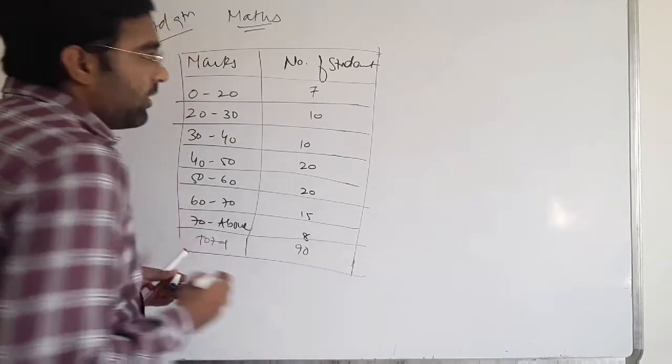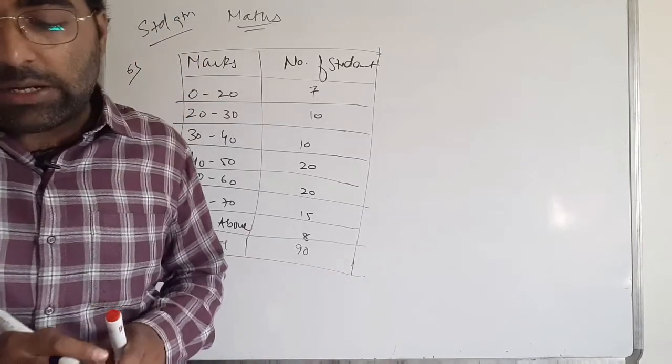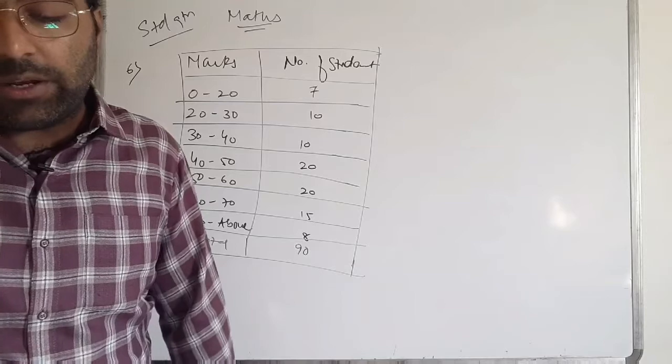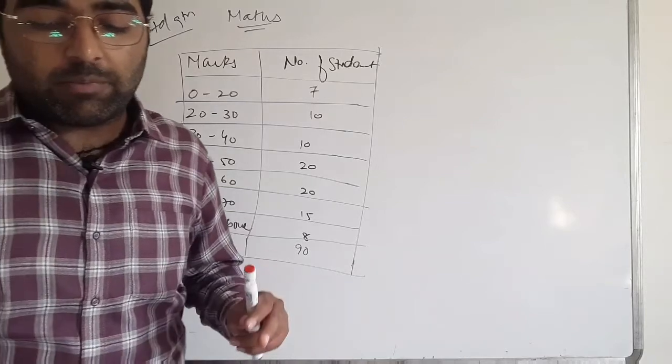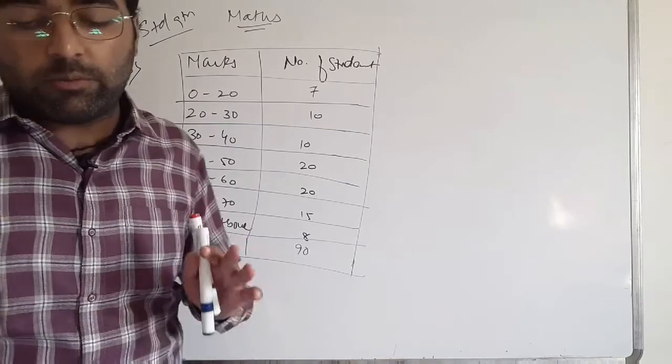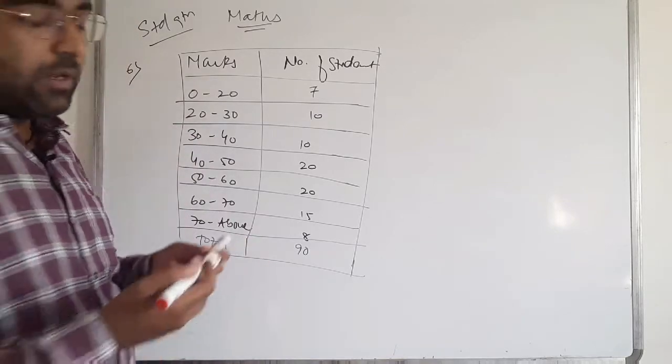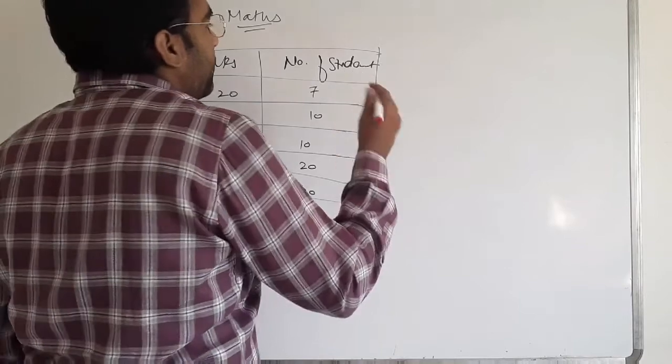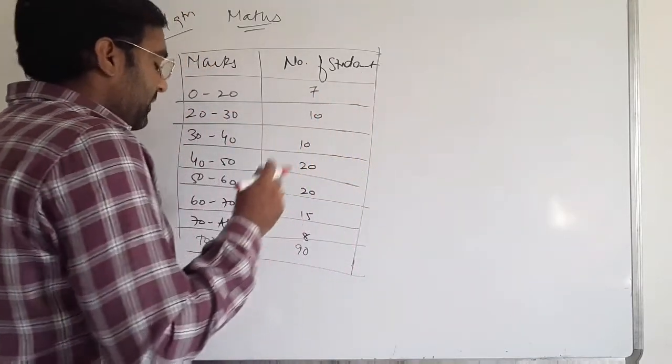So what is the question? Find the probability of a student obtaining less than 20% in the mathematics test. First of all you have to find the less than 20%.